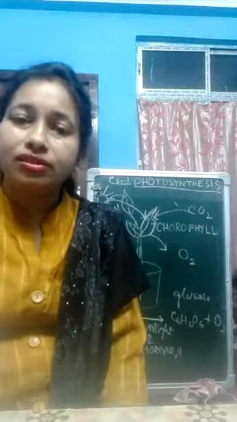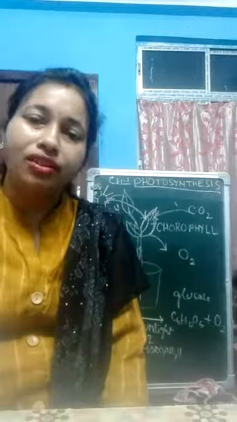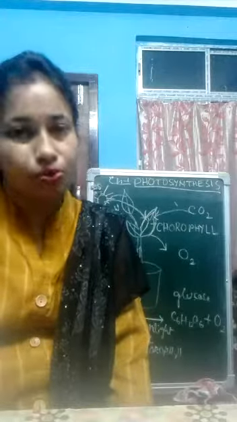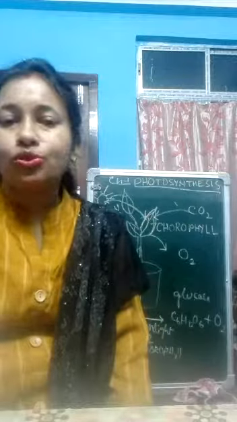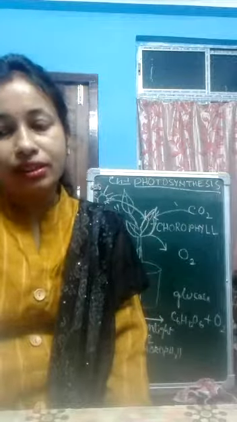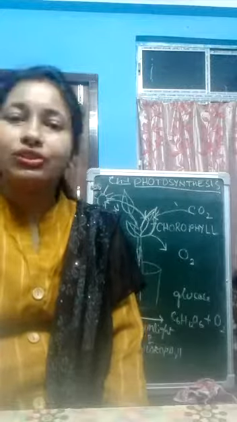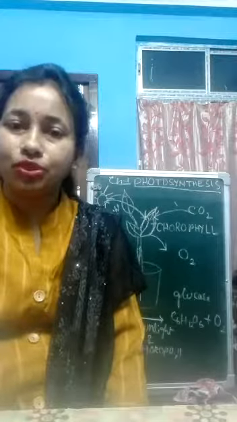So plants, animals and any other organism need their nutrition, otherwise they cannot grow, they cannot develop. So this nutrition is classified into two types: autotrophic nutrition and heterotrophic nutrition.